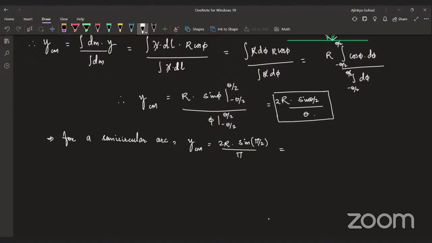What is sine pi by 2? That is 1. So you will get it as 2r by pi.